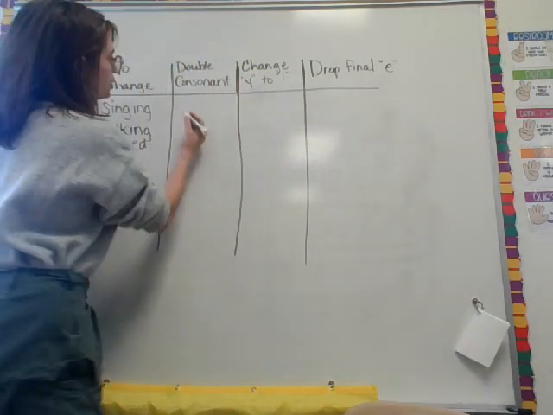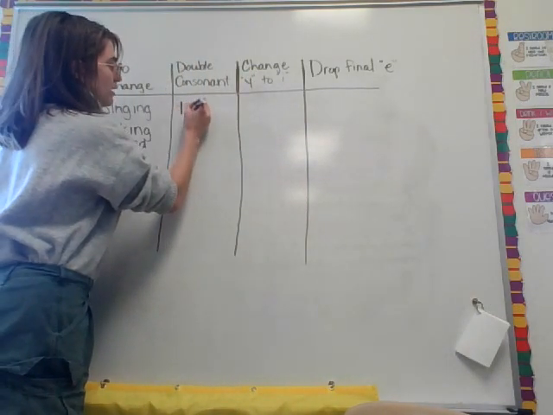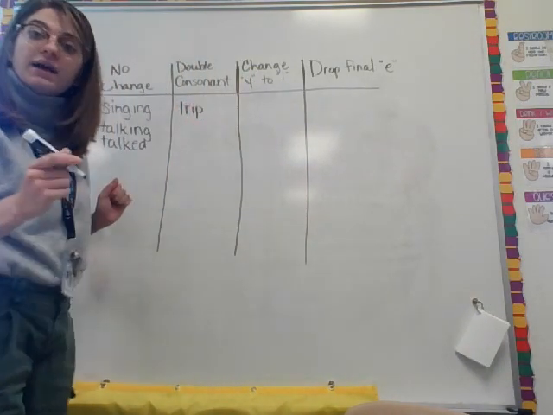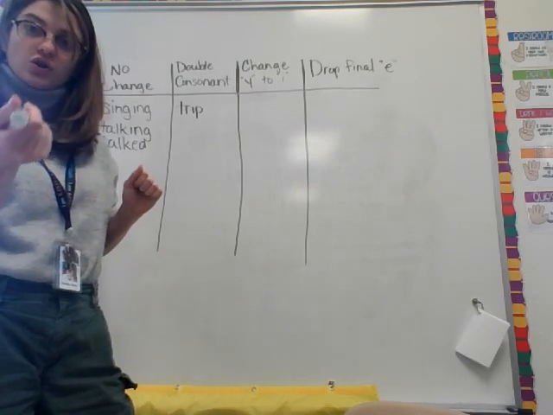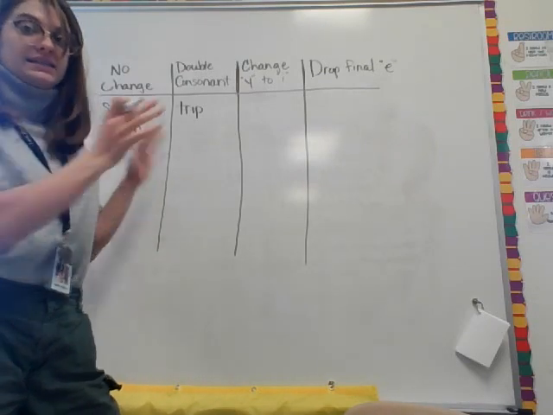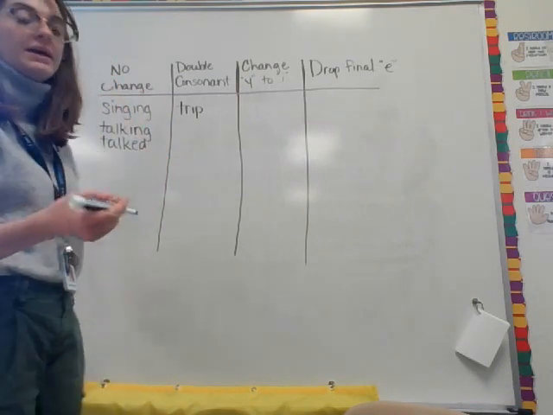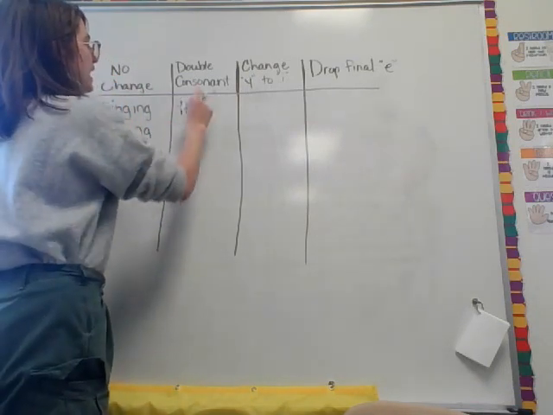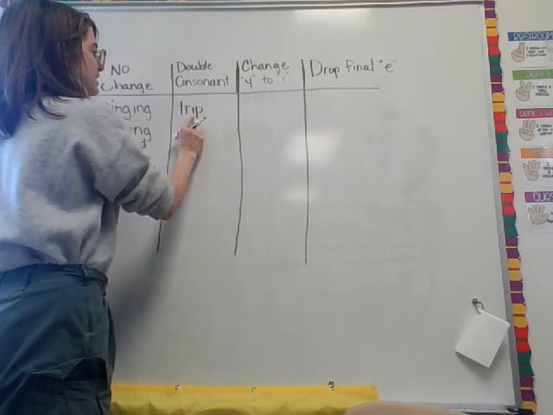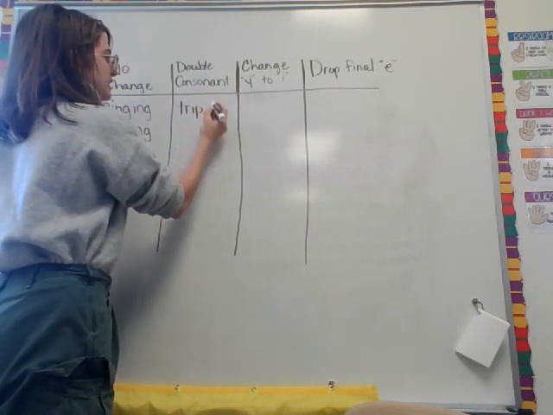Okay, so we're going to start with the word trip, T-R-I-P, and you should be writing these in your journal along with me because your assignment is to take notes. You're going to submit a photo of your notes to me. So we start with the word trip, and we double the consonant because it ends with a vowel consonant.